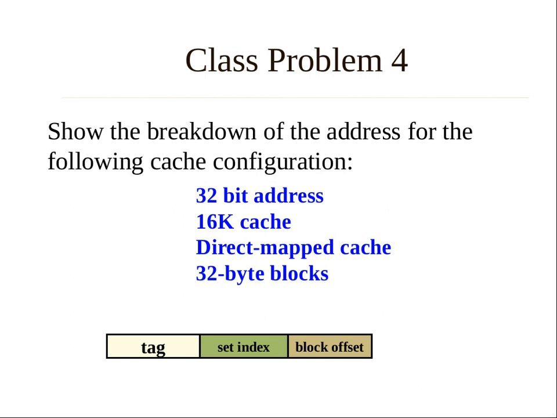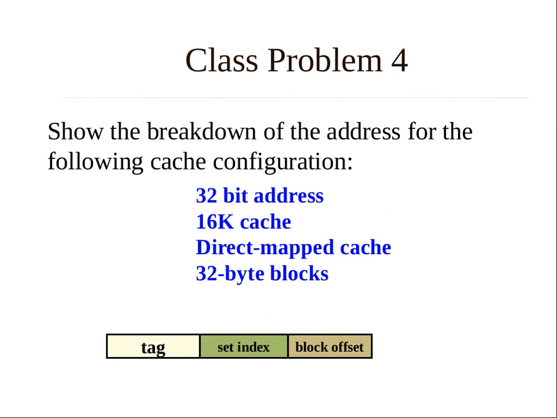That's 2 to the 4th, but 16K, so it's 2 to the 14th. You're saying 16,000? Yeah, 16,384. So that's how many bytes you have in your cache.